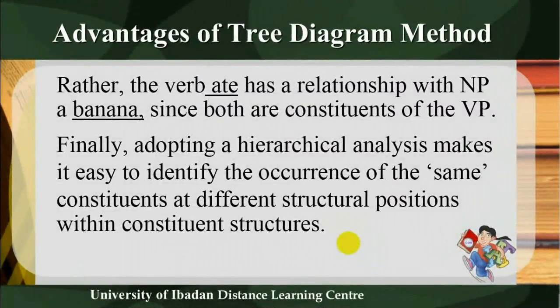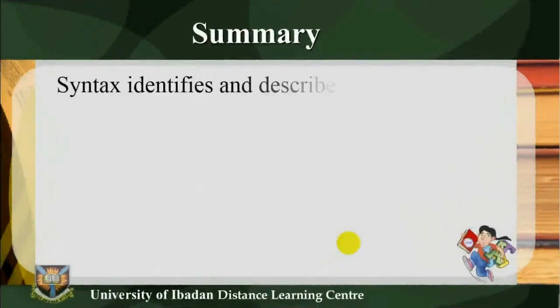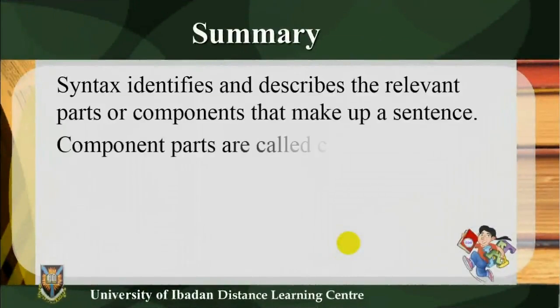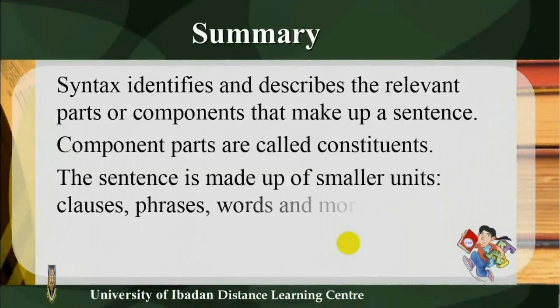Finally, adopting a hierarchical analysis makes it easy to identify the occurrence of the same constituents at different structural positions within constituent structures. Study session summary. Syntax identifies and describes the relevant parts or components that make up a sentence.